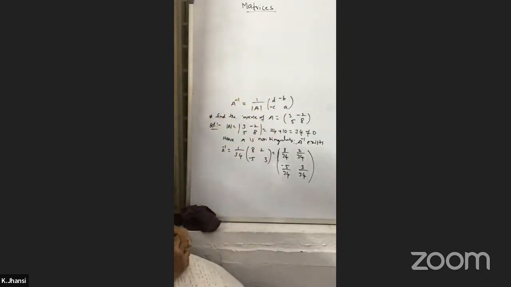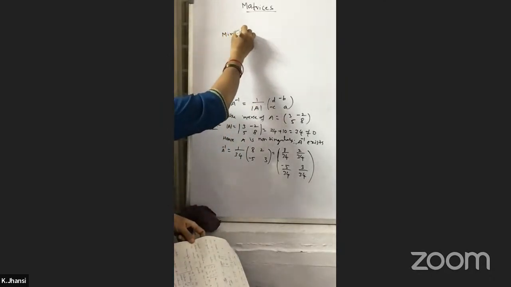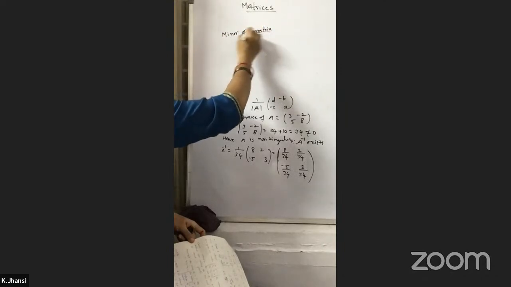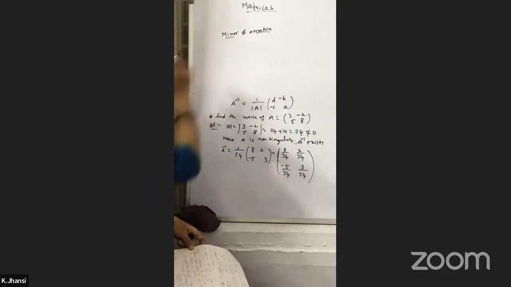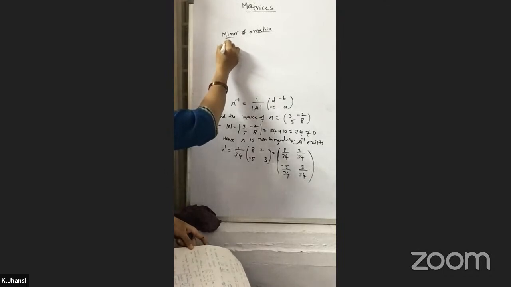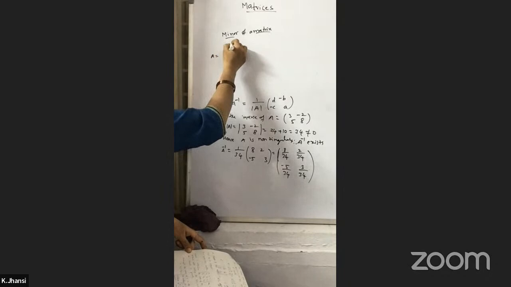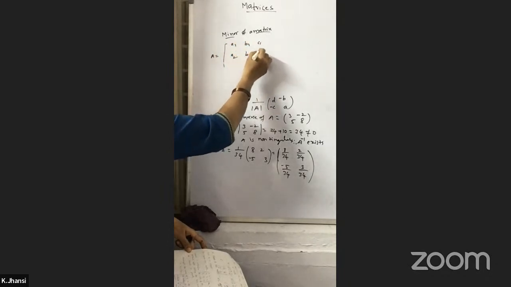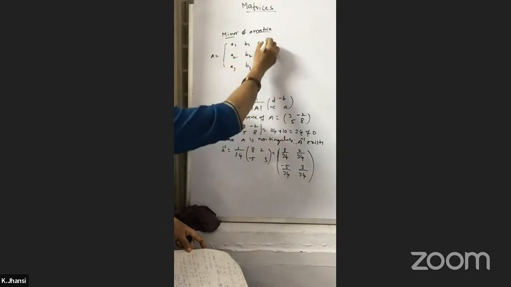Okay. Minor of a matrix means, if you take any matrix like this, capital A is equal to A1, B1, C1, A2, B2, C2, A3, B3, C3.